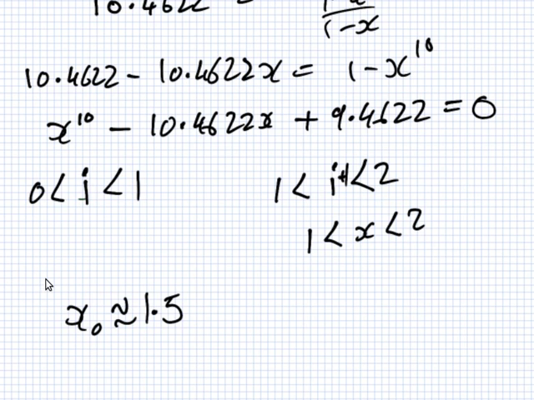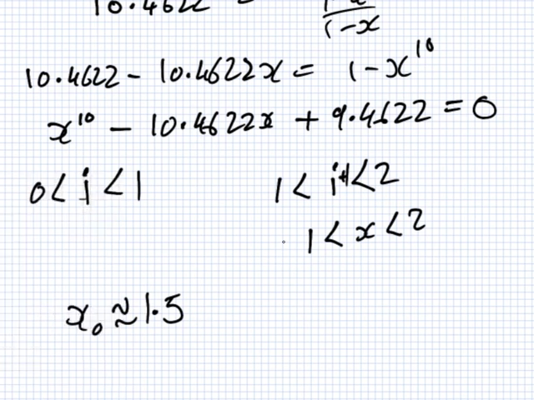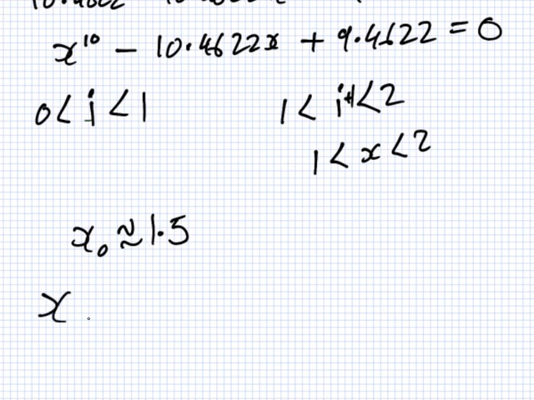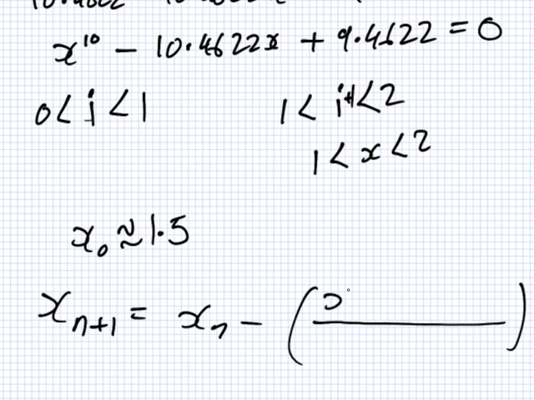Now, what's Newton-Raphson's rule? Newton-Raphson says x_(n+1) equals x_n minus, and on the top I have my function, which will be x_n^10 minus 10.4622 x_n plus 9.4622, and then on the bottom I have the derivative, which will be 10x^9 minus 10.4622.